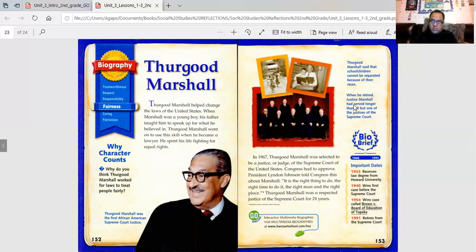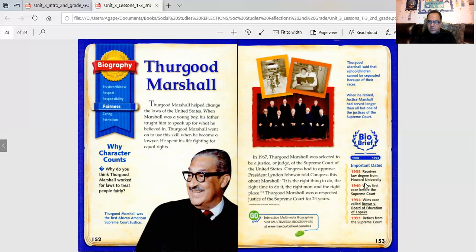That's just how our country started. But laws started taking place, and people said, no. Thurgood Marshall stepped up to the plate and said, that's wrong. Everyone cannot be separated. We should all be taught together. When he retired, Justice Marshall had served longer than all but one of the justices of the Supreme Court.